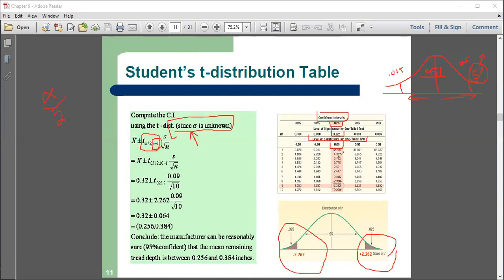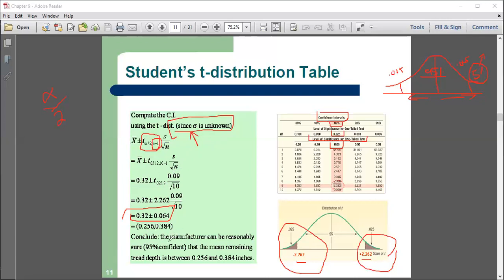The first one is the confidence interval, the second one is n minus 1. So this value is 2.262 on both sides of the diagram. This is mentioned over here. And then we put in the information given in the question, and we find out the interval where the population parameter lies.